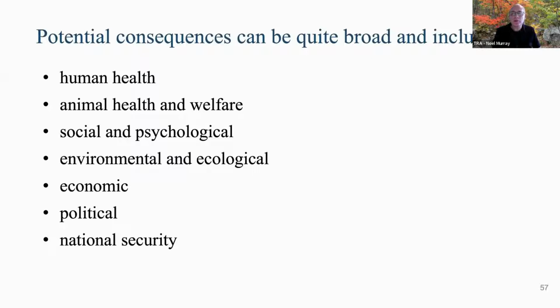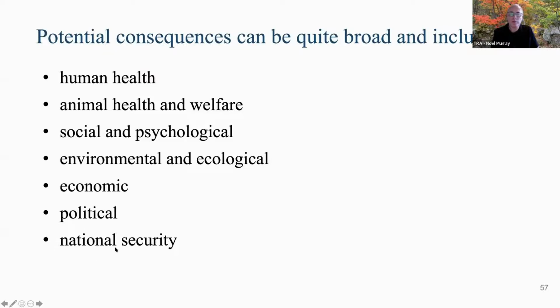So potential consequences themselves can be quite broad. We can look at the impacts if it's a zoonotic disease on human health, obviously animal health and welfare. There could well be consequences directly associated with the hazard at the social or psychological level. There may be environmental or ecological impacts as well, even economic or political, and maybe threats to national security.